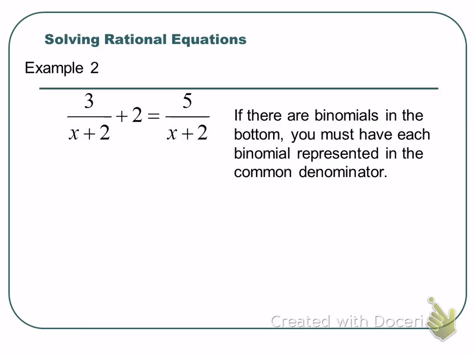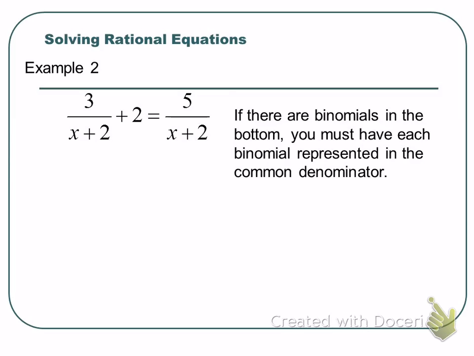3 over x plus 2 equals 5 over x plus 2. What do we need to do here? What's the problem?